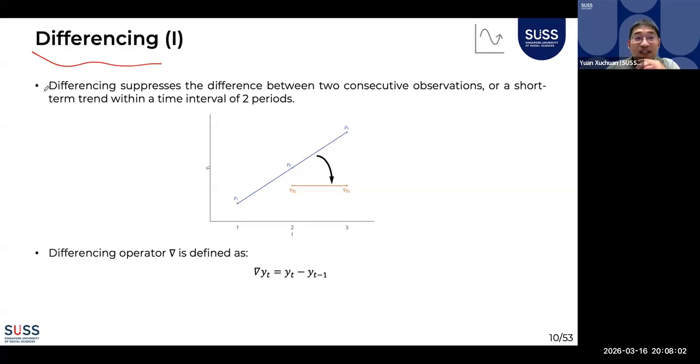Now we use differencing to remove the trend and the seasonality, to make the time series a stationary time series. So this is what we are going to do. So let's look, Nicholas. So what happened?